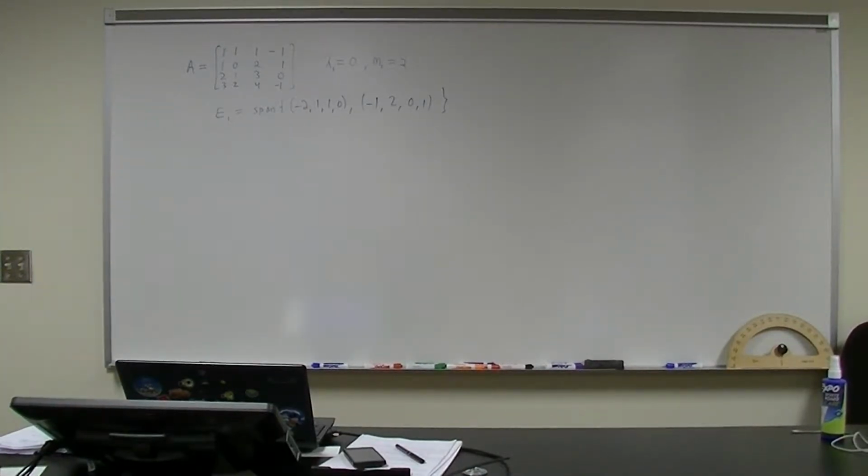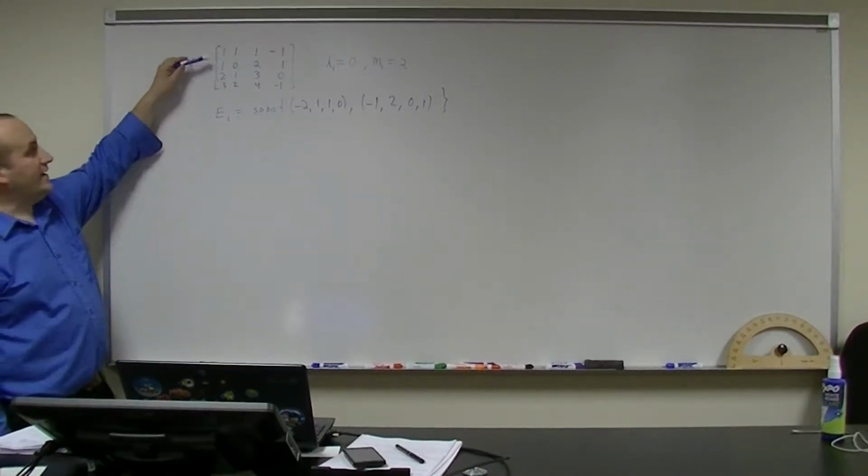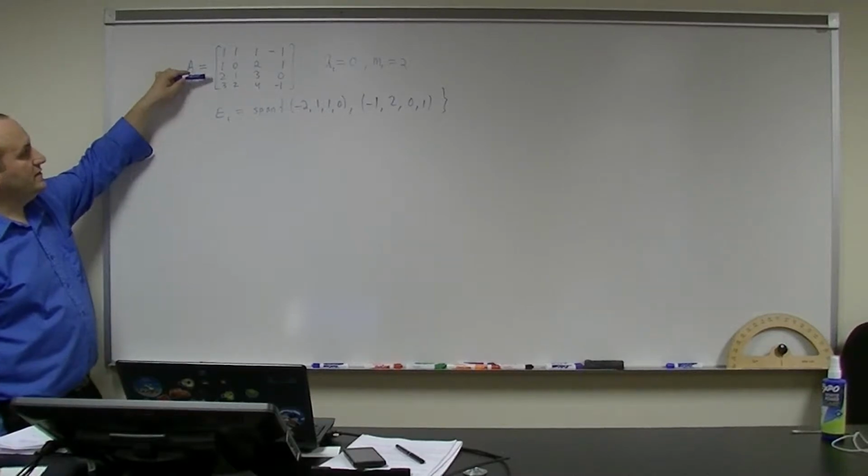If I wanted to look at this as part of a larger system, that's what I did. The first two rows are exactly these equations, right? And then for the second two rows, I added the first and the second row to get the third, and I added the first and the third to get the fourth.